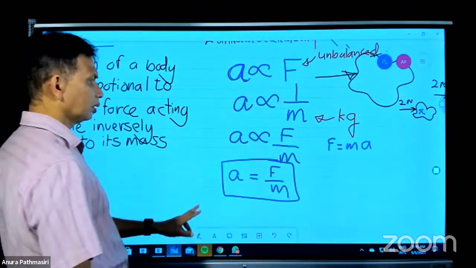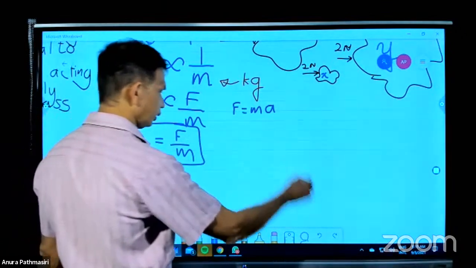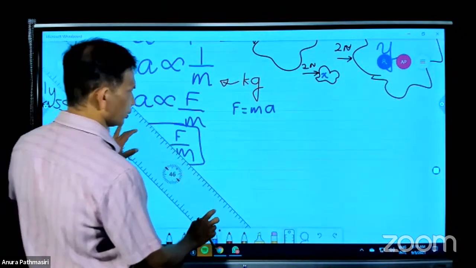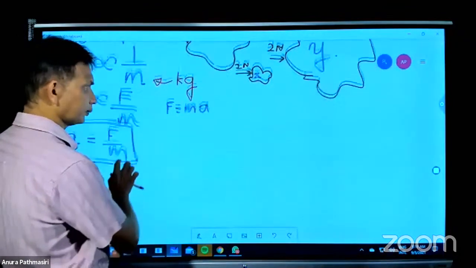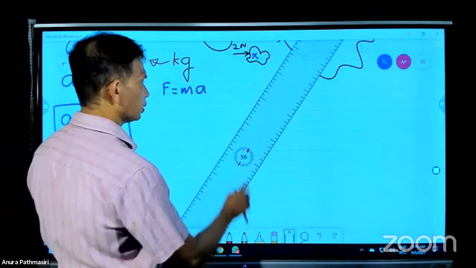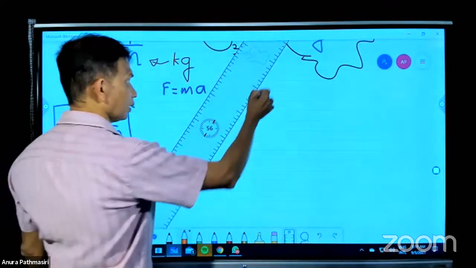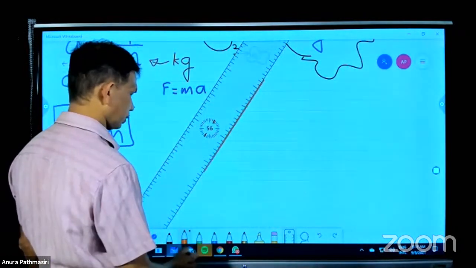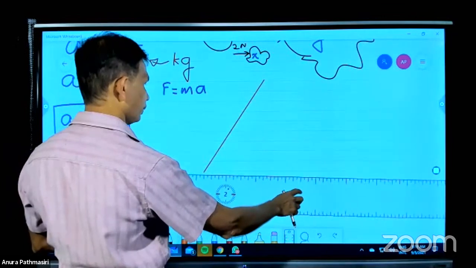The magic triangle. You can have a magic triangle from there. What is this magic triangle? The magic triangle is for someone who is a little bit weak in math. This is the magic triangle, right?